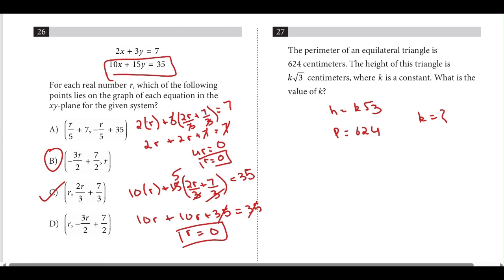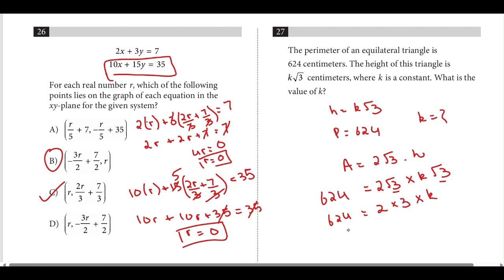Okay. Now the last question: the perimeter of an equilateral triangle is this. Height is k root 3. And they're asking for the value of k. So in an equilateral triangle, we already know the formula of the perimeter, which includes the edge, which is equal to 2 root 3 times h. Let's write k root 3.